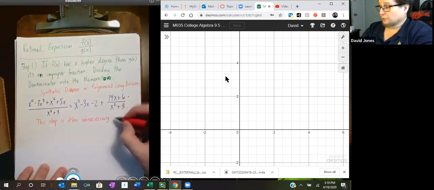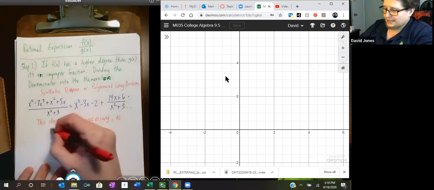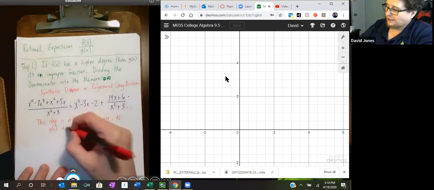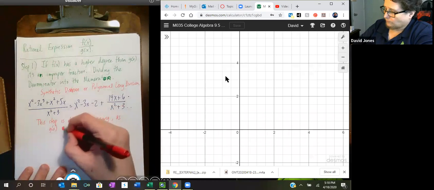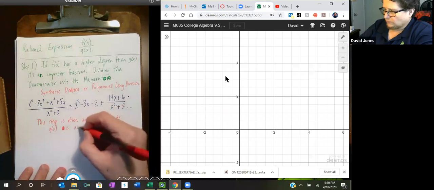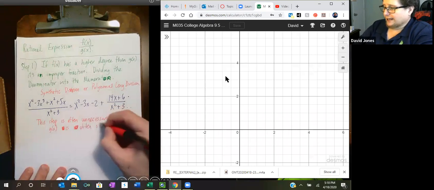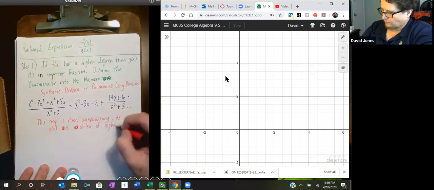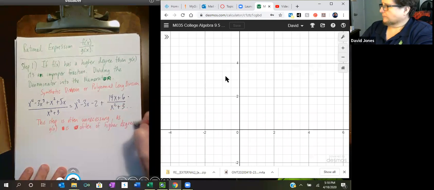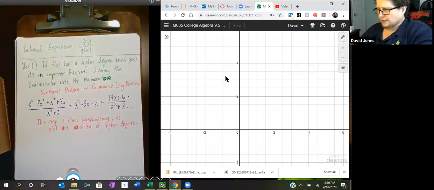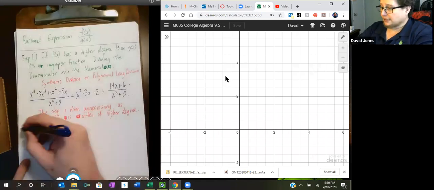Frequently for what you use it for, g of x is often of higher degree. Not, well, I don't want to say usually, is often of higher degree.